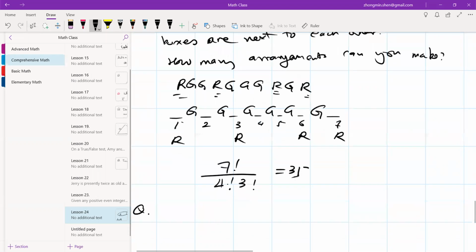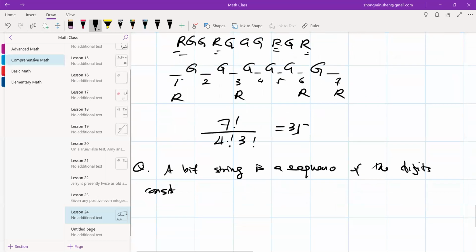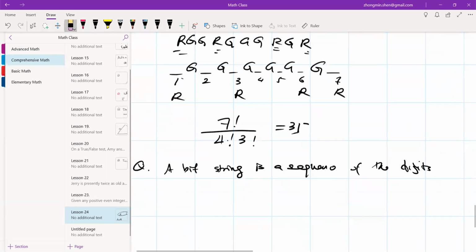Okay, another similar problem. A bit string is a sequence of digits consisting only of zeros and ones.